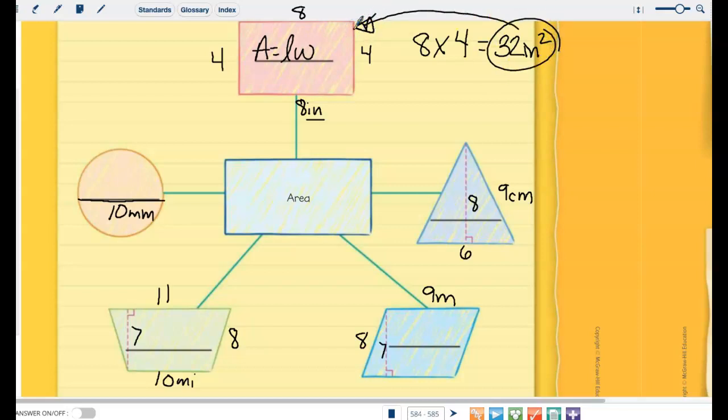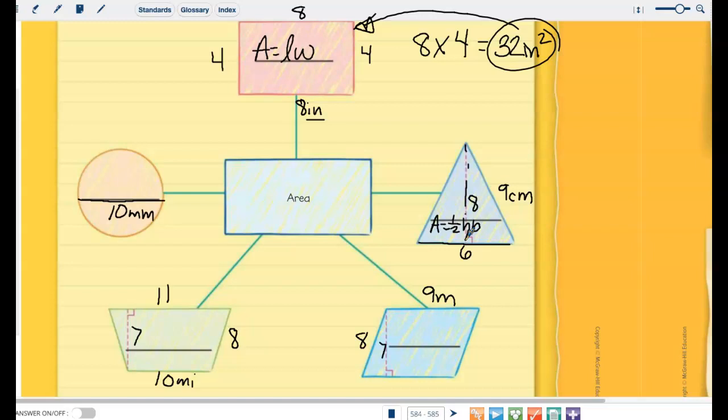All right, now for the triangle. To find the area of a triangle, you use half of height times base. Okay, so the base of my triangle is down here. It makes a flat line. And then the height of it, remember, is going to be that 90-degree angle with your base.